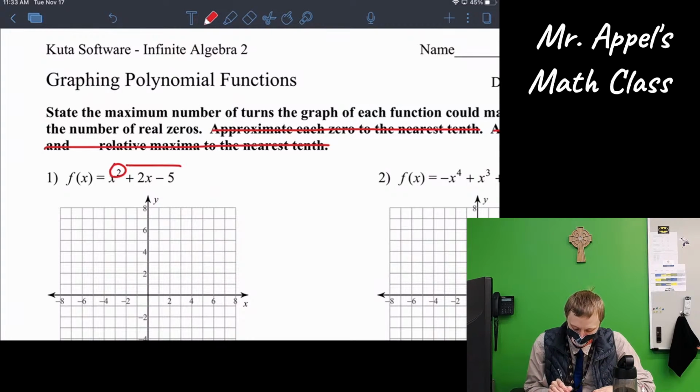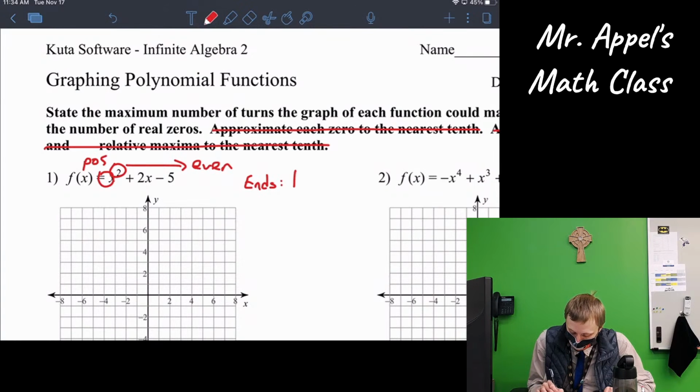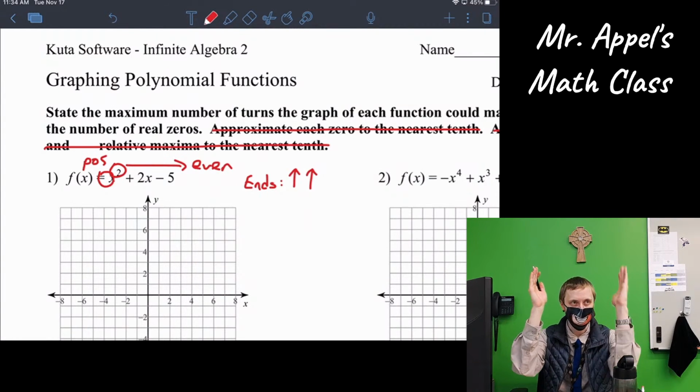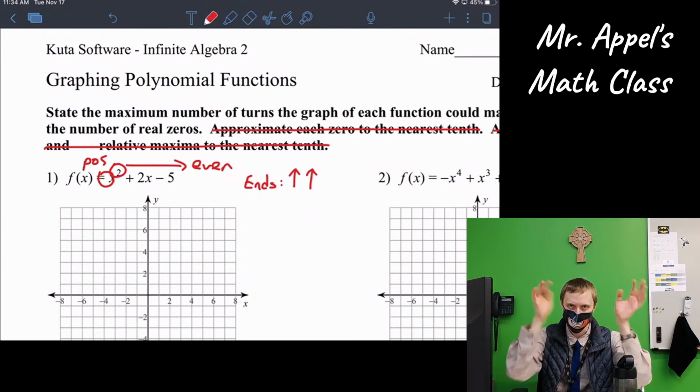All right, so 2 is even, right? And the sign on here is positive. So my end behavior is going to be an up and an up. That's what we should expect to see. Because even means same direction, positive means ends going up. Match that with the first side, whichever one you think of as first.